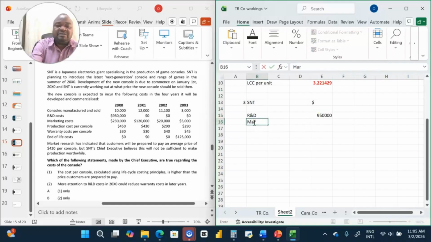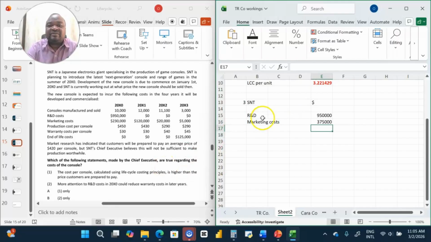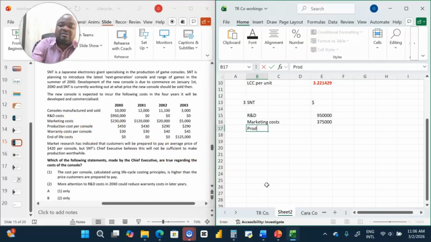Then marketing costs. These ones were in total again: 130,000 plus 120,000 plus 100,000 plus 20,000 plus 5,000. That's 375,000. We move on to production costs in total.